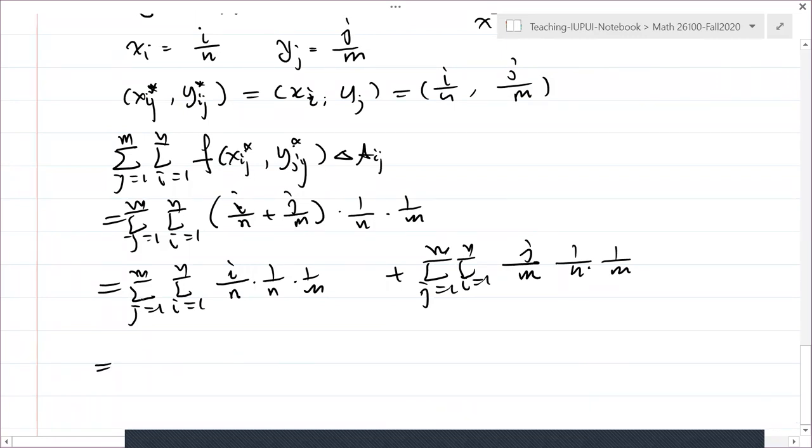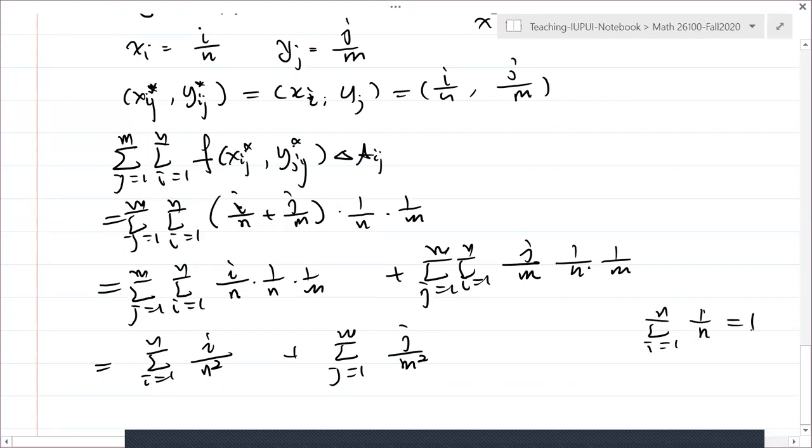I can get rid of j in the first term because when you add over j, it's just m times 1 over m, so you end up with i over n squared. There's no j here. In the other term, there's no i, so n over n is going to be 1. Remember, the sum of 1 over n is 1.